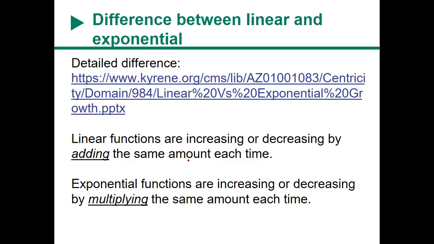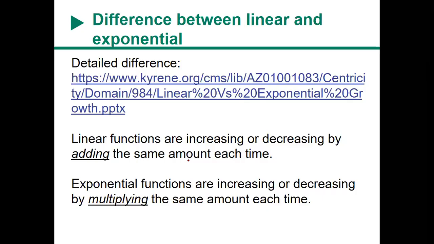Exponential functions are increasing or decreasing by multiplying. Make sense? Okay. And it says adding and multiplying because subtraction is just adding a negative. Agree? And division is just multiplying by a fraction. That's why we only use the words adding and multiplying, because you can interpret the other two with them. Questions so far?